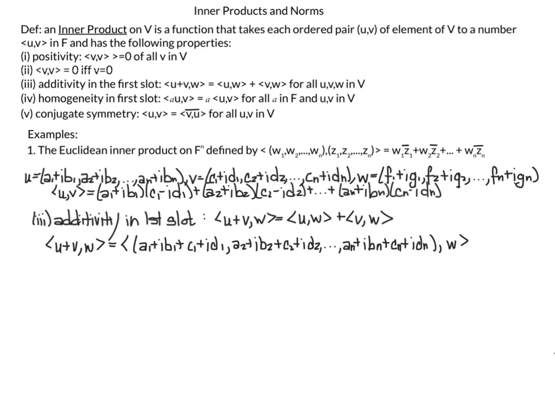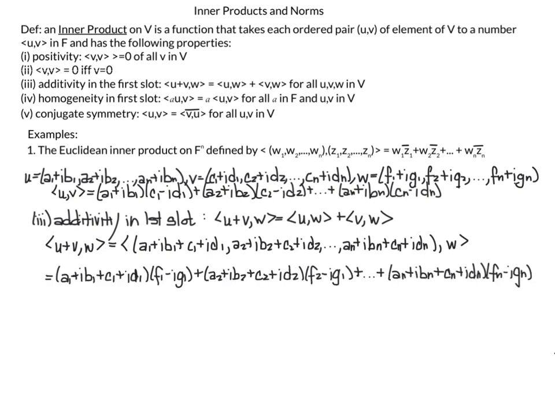I was going to group my a1s, my real parts, and my imaginary parts together, but keeping them this way is going to be easier to separate it back out to this right-hand side of the equation. Now doing the inner product with w, I have my first coordinate, a1 plus ib1 plus c1 plus id1, and I'm going to multiply it by the complex conjugate of the first coordinate of w, which is f1 minus ig1.